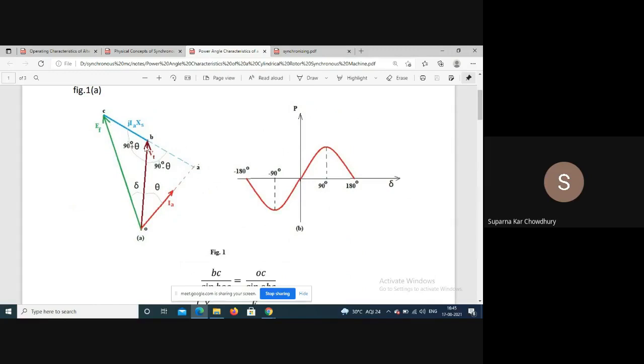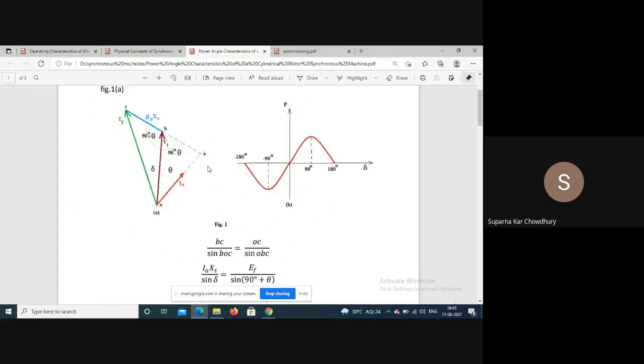Now from this triangle, from trigonometry we know that BC by sine of the angle opposite to it, that is sine of angle BOC, is equal to OC by sine of angle OBC.